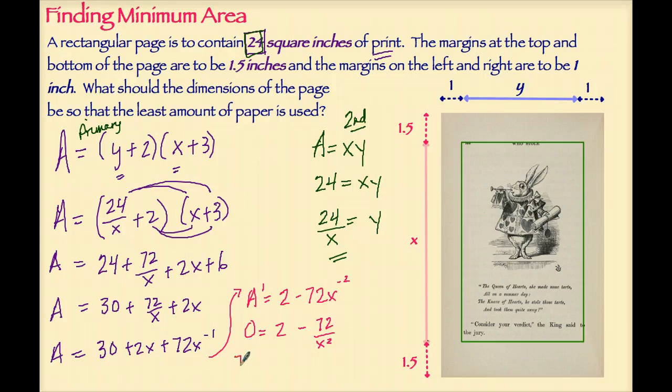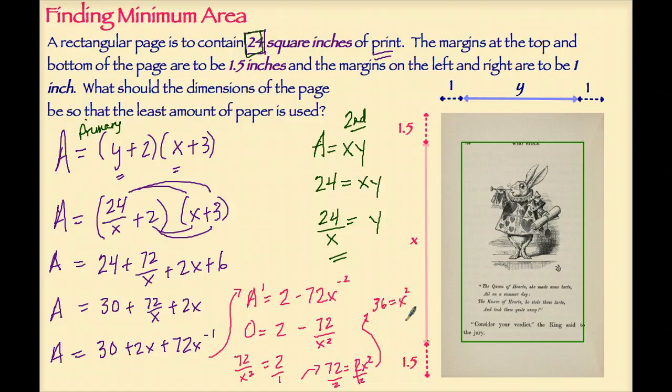If I add that over, I get 72 over x squared equals 2. When I cross multiply here, this will yield 72 equals 2x squared. Dividing both sides by 2 gives me, and sorry for the torturous path that this equation is taking, 36 equals x squared.